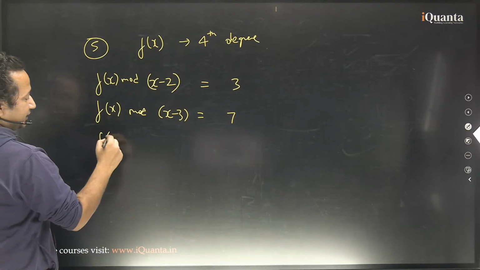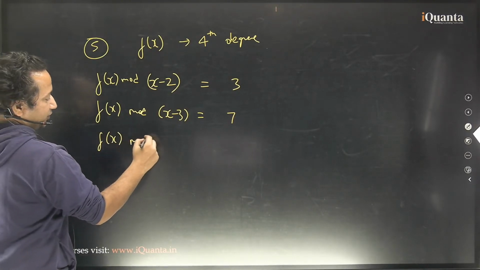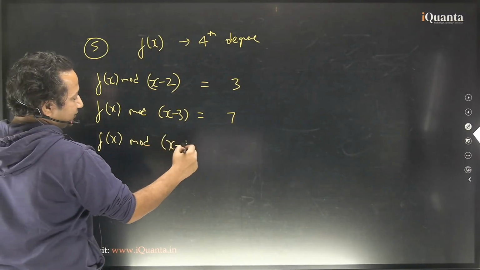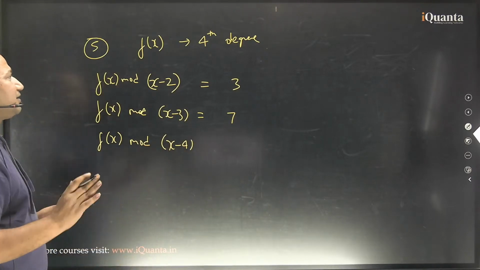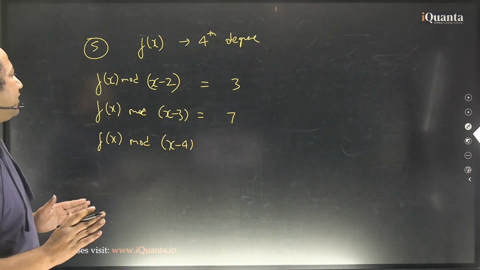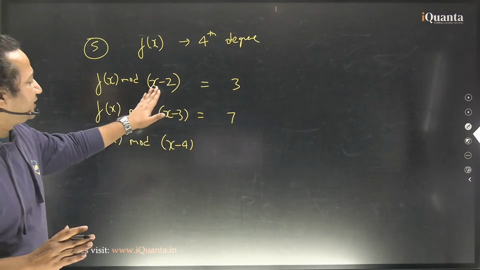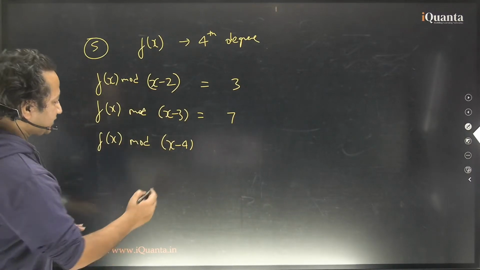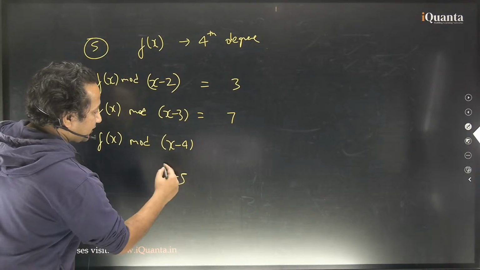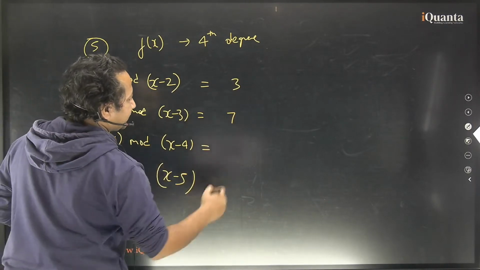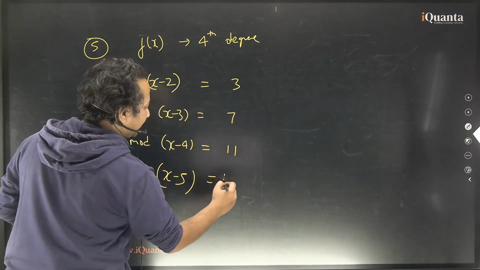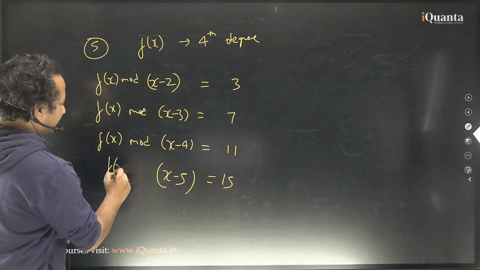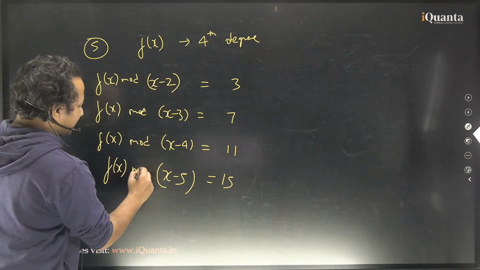The question will be written like this: f(x) is a 4-degree function; when it is divided by x minus 2, x minus 3, x minus 4 and x minus 5, the remainders obtained are 3, 7, 11 and 15 respectively. I think all of you must have seen these kinds of questions.